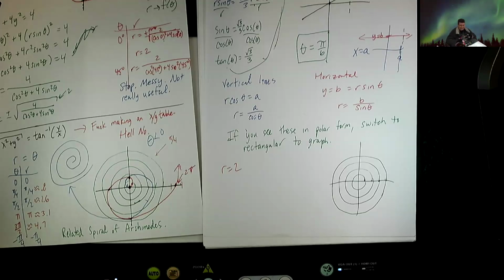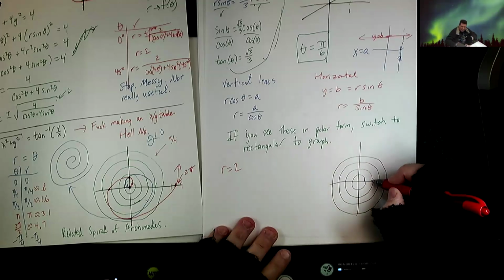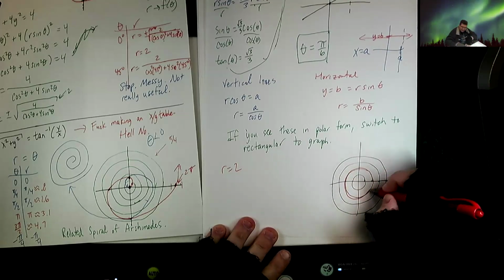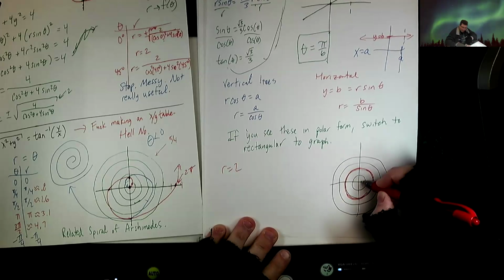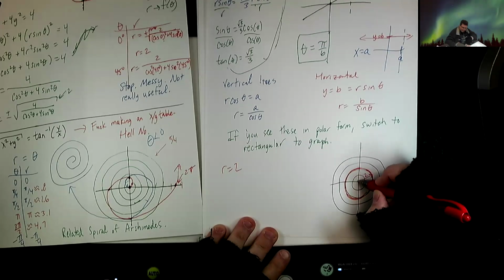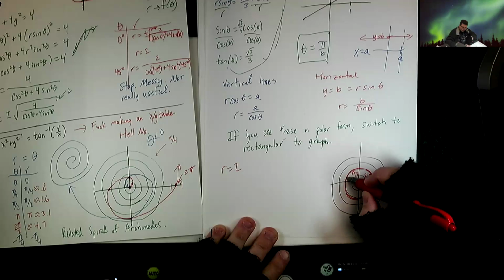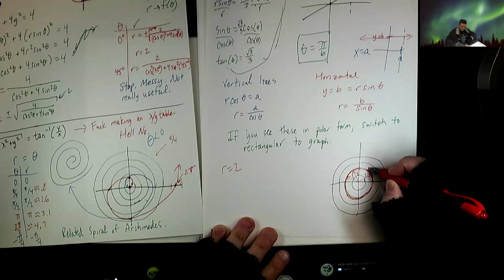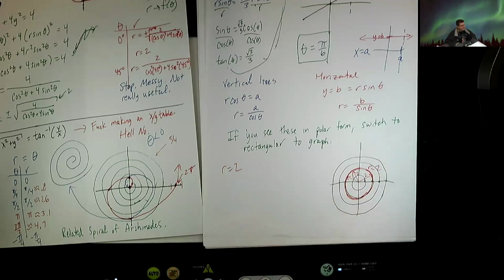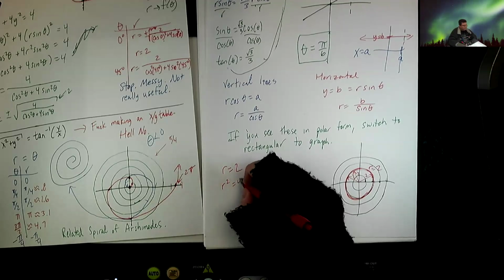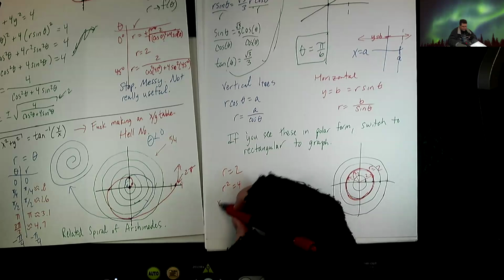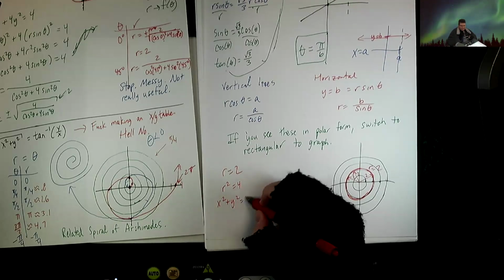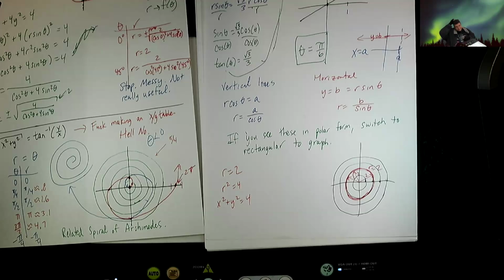It's just a circle. It can be any theta. r equals 2 there, it's 2 here, it's 2 there. So r equals 2 is just a circle, which we would see if we squared this, r squared equals 4. And r squared was x squared plus y squared. So we can see that.